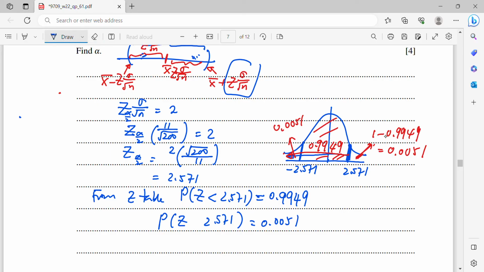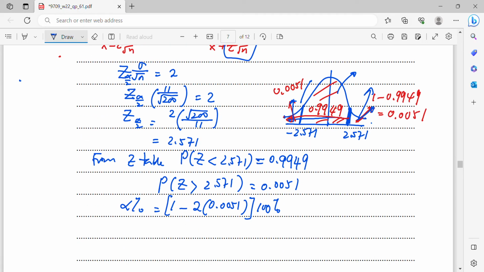And then now, alpha percent. Because I know that here is 0.0051 and the same for the upper tail, the alpha percent will be the middle. So my alpha percent will be everything, which is 1 minus these two parts, left and right side. So it will be 1 minus 2 times 0.0051, but then I need to get a percentage, therefore I multiply by 100%.